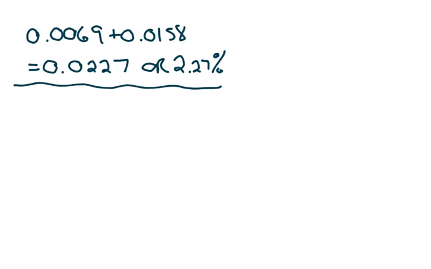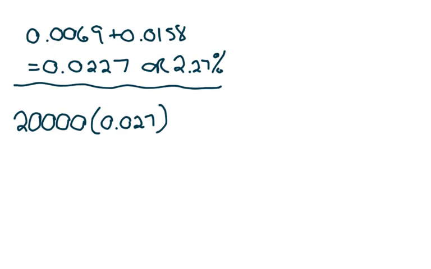So on a typical day of 20,000 bungee cords, how many of them would actually get rejected? We need to multiply 20,000 by 0.027. And once we do that, we would see we'd have 540 cords get rejected.